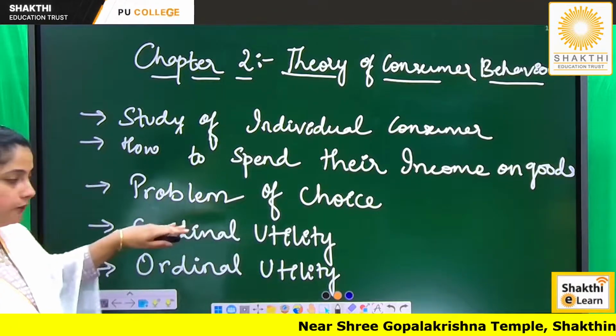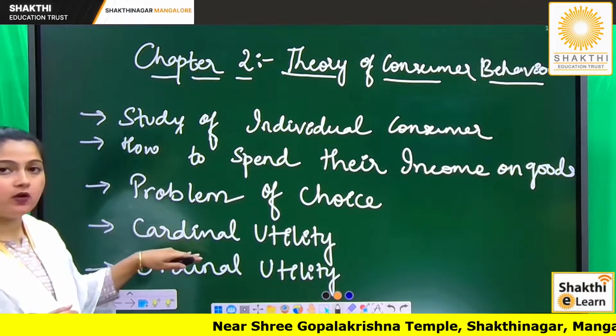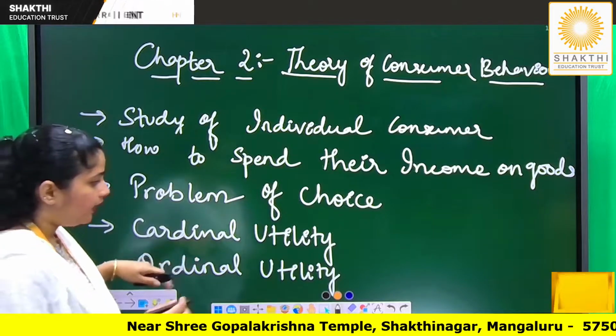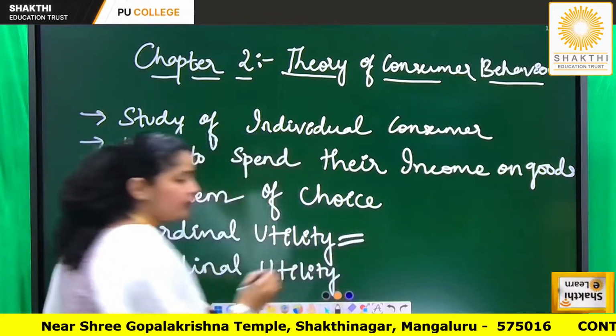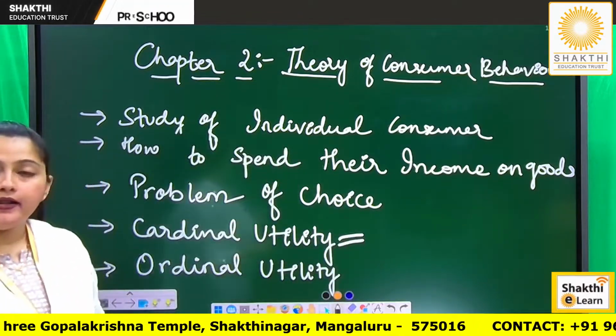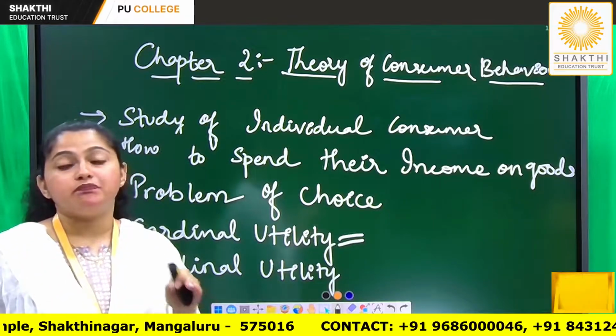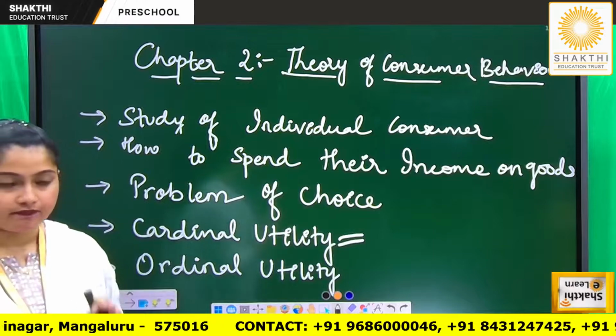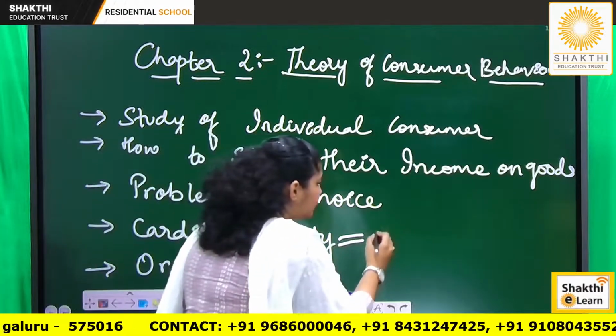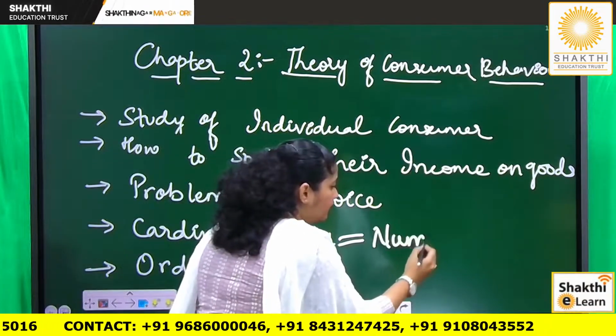Coming back to your fourth point, I've mentioned something called cardinal utility. Now, what does cardinal utility actually mean? Cardinal utility is nothing but the utility measured in terms of numbers. I repeat, the utility is measured in terms of numbers.